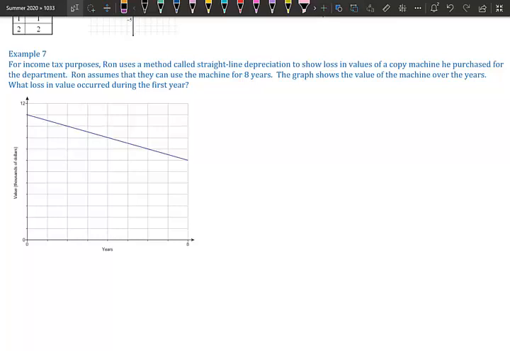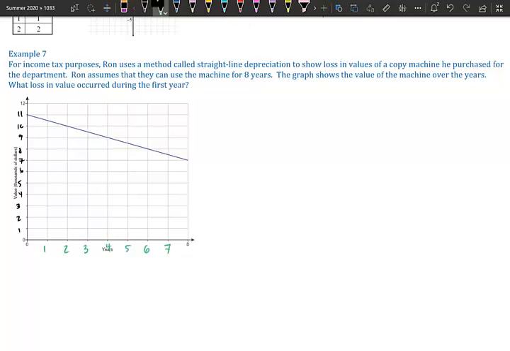So we're talking about the first year. If we broke this down into years, that's first year, second year, third year, fourth year, fifth year, sixth year, 7, 8. Now I knew that because there were 8 tick marks, so it was going by 1. And for the y-axis, there are 12 tick marks, so I know it's going by 1 again. So we have 1, 2, 3, 4, 5, 6, 7, 8, 9, 10, 11, 12.